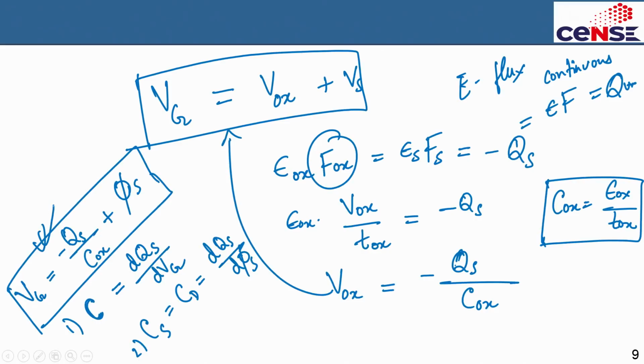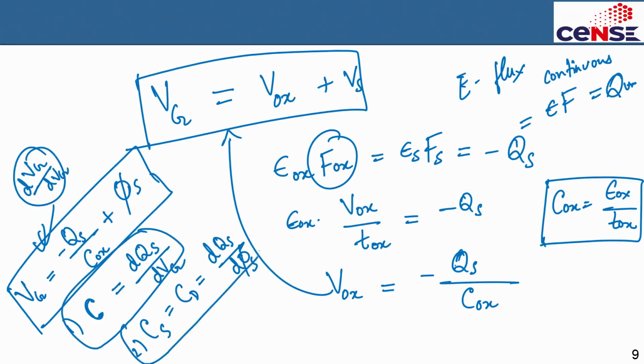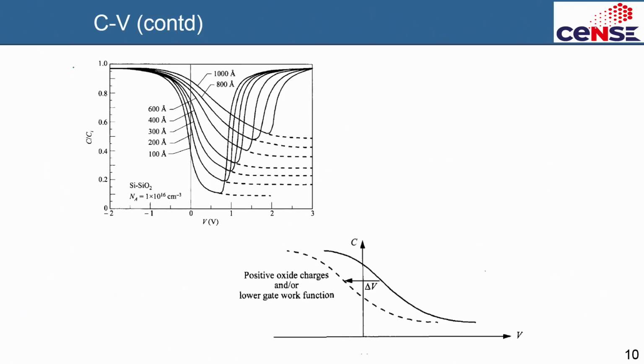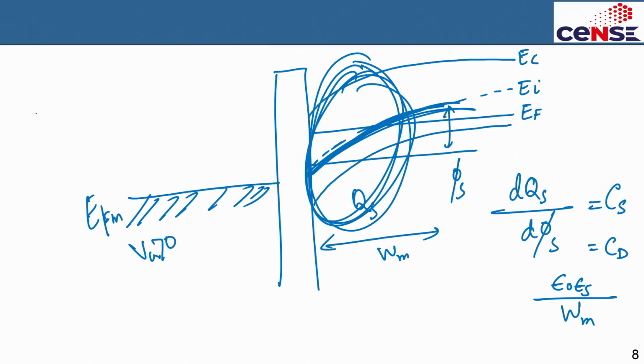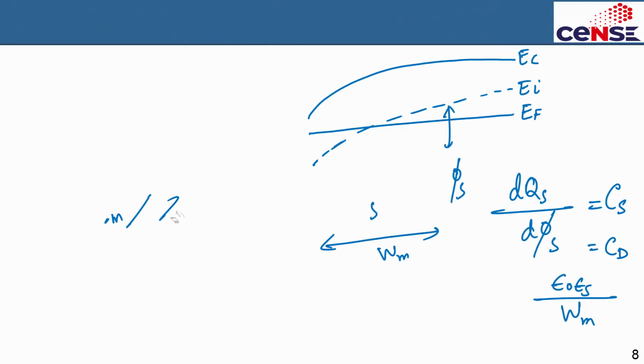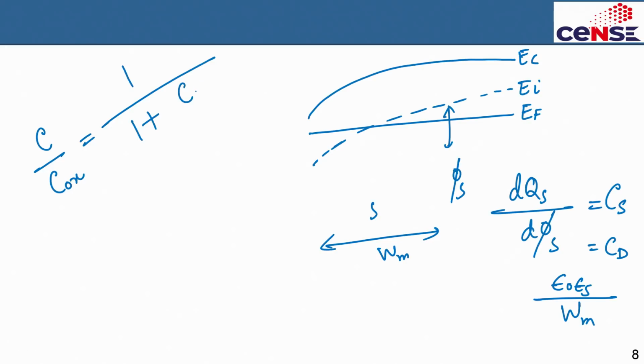So if you differentiate this equation with respect to Vg and take into account these things that you should keep in mind, and keep in mind that your oxide capacitance is equal to epsilon ox by T ox, then you will end up getting an expression like total capacitance by the oxide capacitance is equal to 1 by 1 plus the oxide capacitance by the semiconductor capacitance. Okay, this is what you will get.